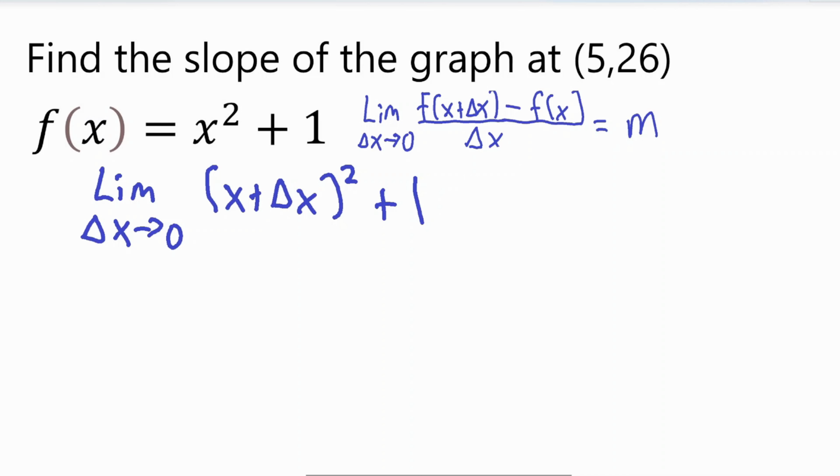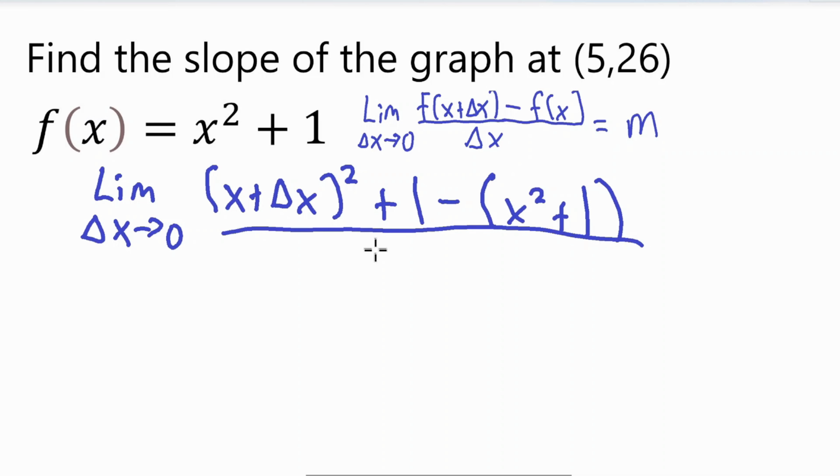Note how this is what we plugged in here. And now we do minus f of x, which is just the equation here. I'm going to write it in parentheses, so we know we have to distribute the negative, remember that. And then all over change of x.